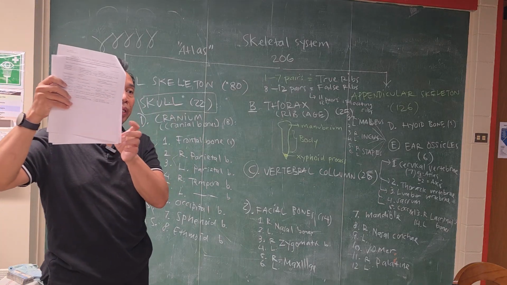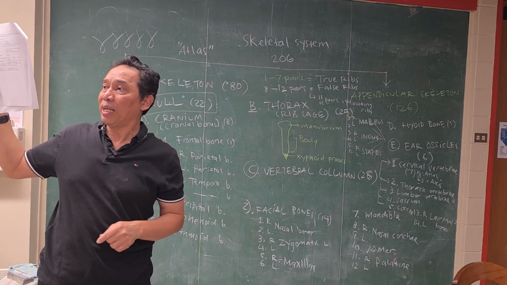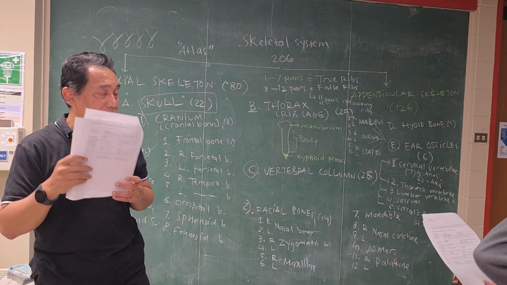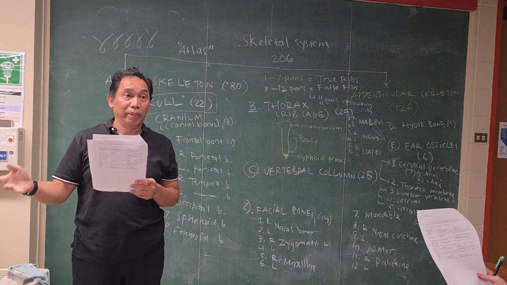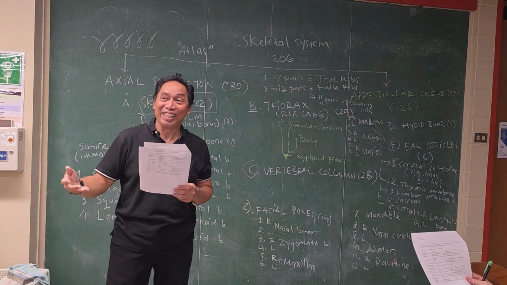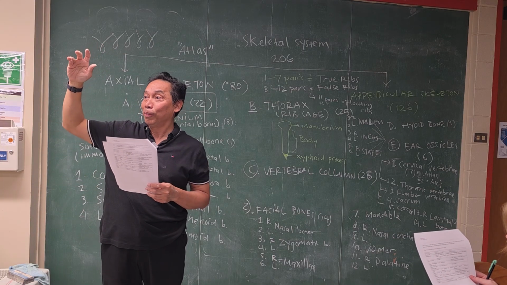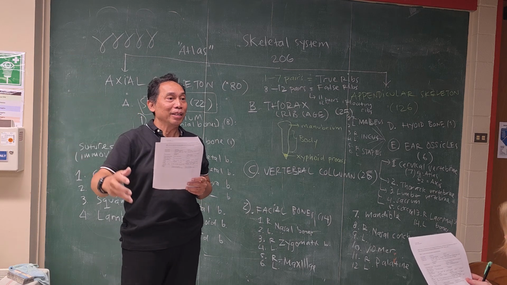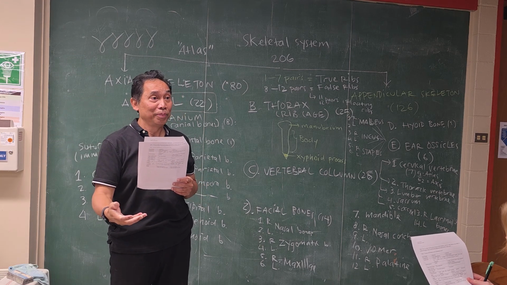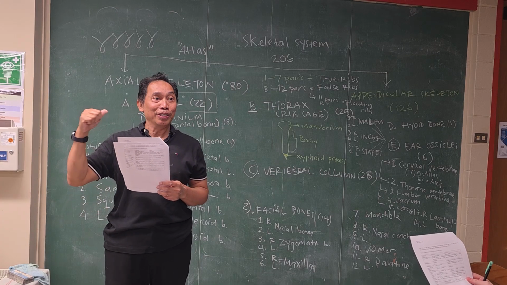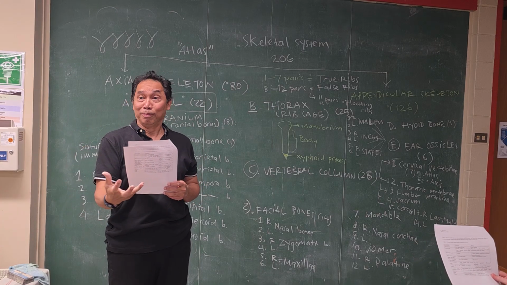Page number 2. This is how you identify the skull. Okay, let's say somebody got killed a long time ago, maybe 20 years ago, and then you buy a house. Right? In the backyard, you dig your backyard, you know, and then you found a skull. What?